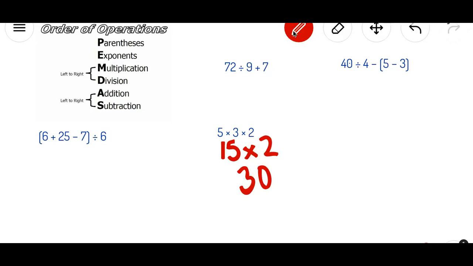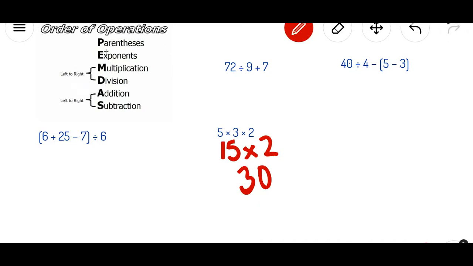Next, for a different problem like this one, you have to start going through the order, because there are 2 ways you could solve this. You could add 9 and 7 first and then divide by 72, but that would be wrong because you wouldn't be working in order. So you look at the equation and which of these steps come first.